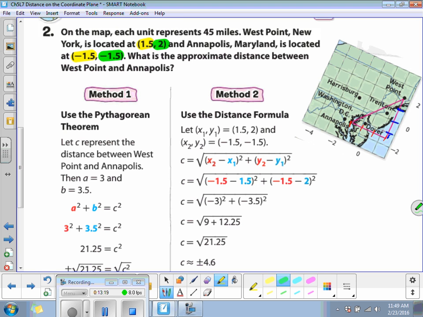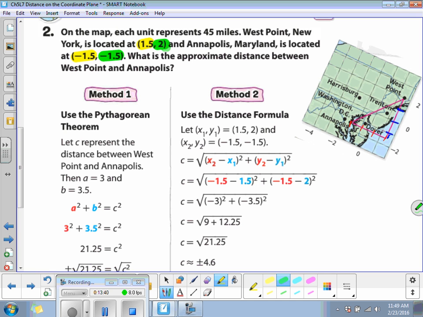So, negative 1.5 minus 1.5 is a negative 3 squared. Negative 1.5 minus 2 is a negative 3.5 squared. Okay? And then all you have to do is simplify that.